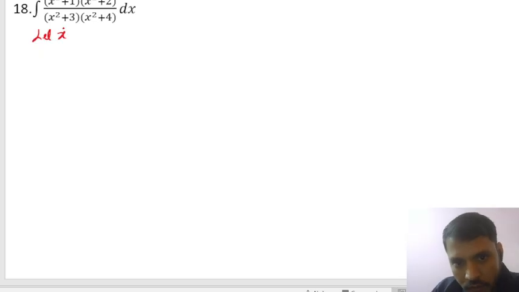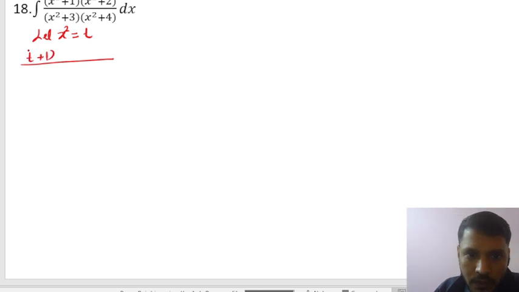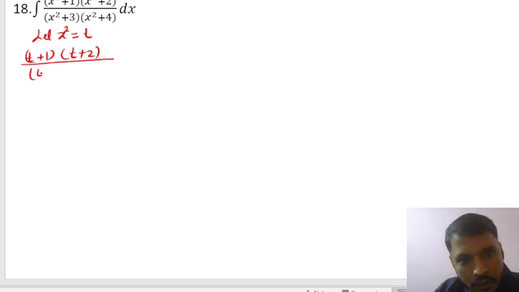Let x square be equal to t. That means we can write this expression as t plus 1, because I am replacing x square with t, and this will become t plus 2, this will become t plus 3, and this will become t plus 4.